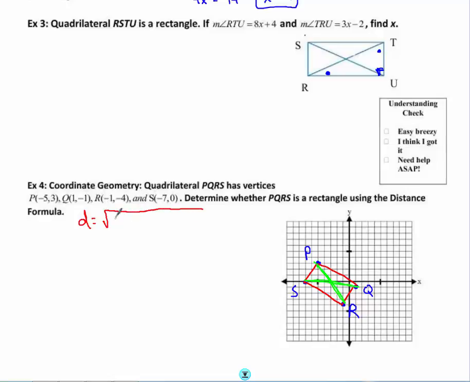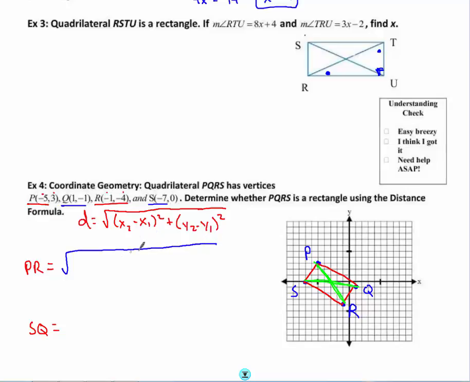So that says that x2 minus x1 squared plus y2 minus y1 squared, right? That's the distance formula. And now our diagonals are PR and SQ. So we're going to do square root, and we're going to start with PR. So x1, y1, x2, y2.